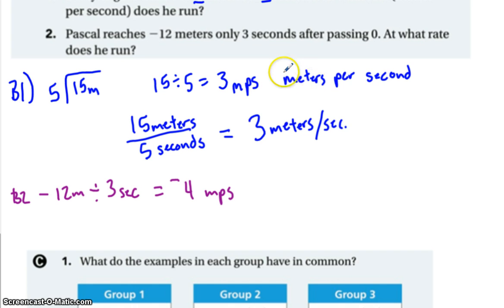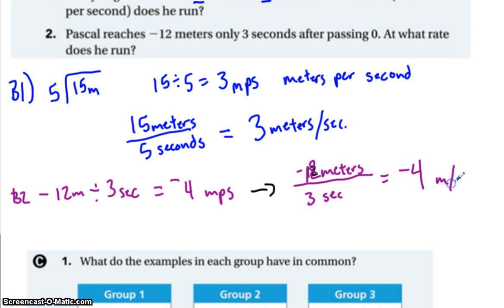Okay, and just like up here in B1, if we express this as a ratio relationship, negative 12 meters over 3 seconds, we'd worry about the negative 12, so I'm going to rewrite that as negative 12 over 3, that would give us a negative 4, and then we'd have meters per second. Now this speed implies that he is running to the left.